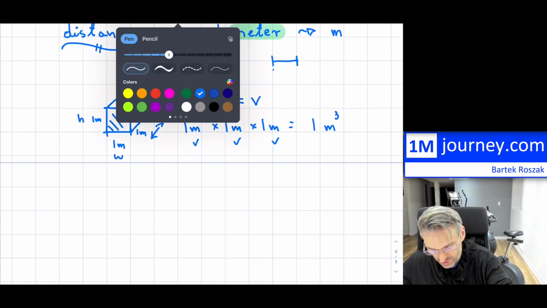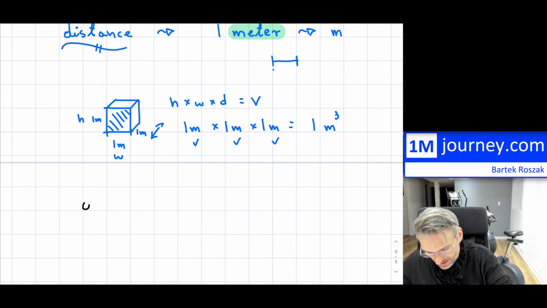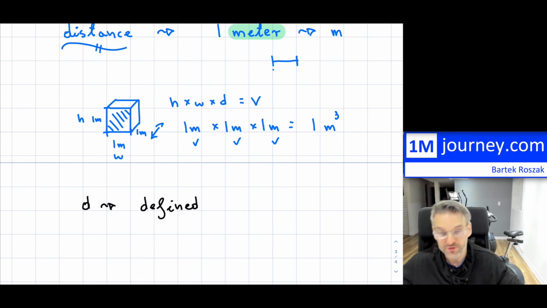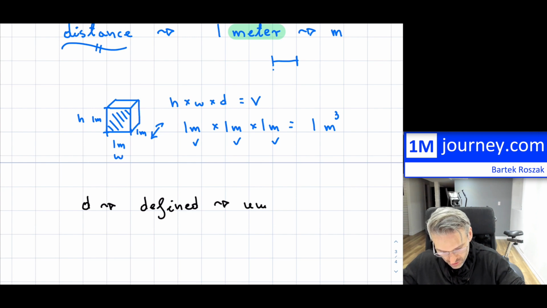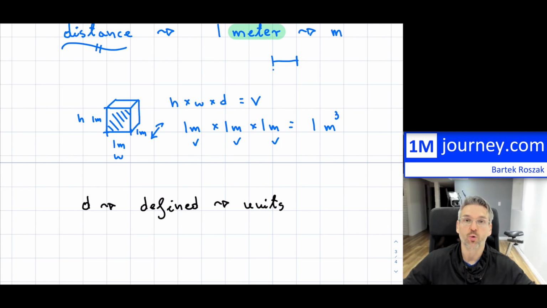And what I want you to think about is that distance is something that we as humans have defined for ourselves. And we have defined units so that we can measure it quantitatively, not just qualitatively, where we're describing a length of something, but we can give it a number. But then that number has to have an associated unit with it.